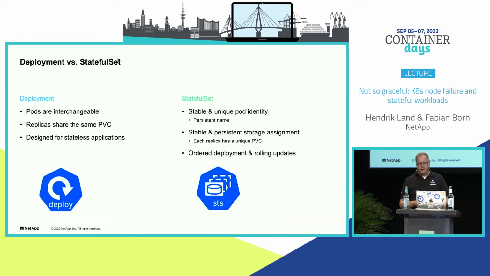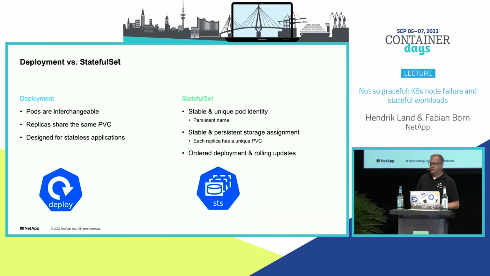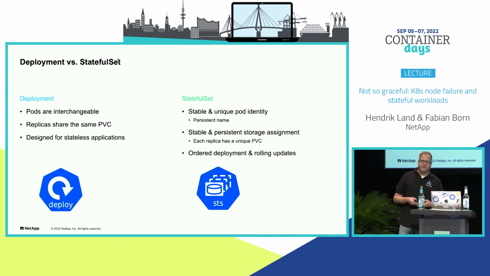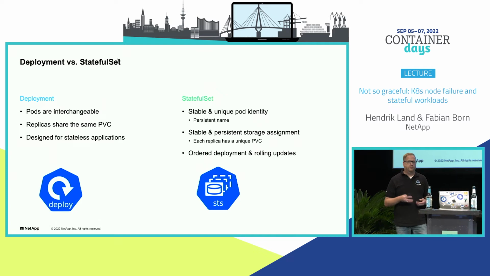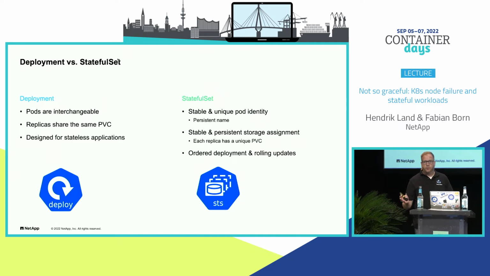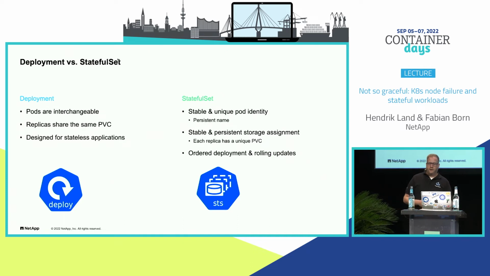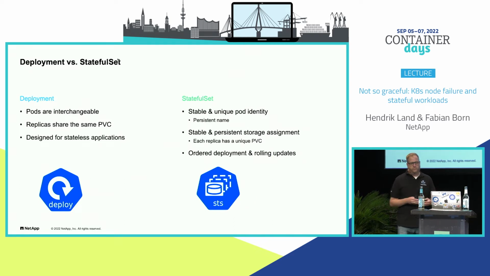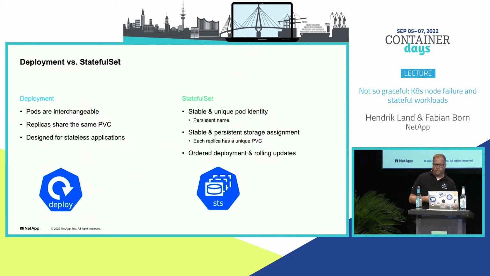The stateful set needs a unique network identifier. It needs persistent storage for everything. So if you have one pod, you need one persistent volume for that. If you have more pods, you need more persistent volumes. And all this is a big difference.